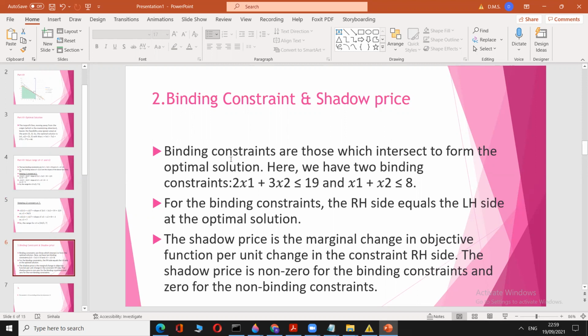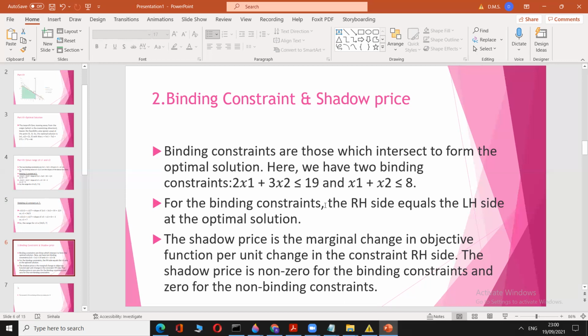Now here we know that we have two binding constraints. One is 2x1 plus 3x2 less than or equal to 19, and the other one is x1 plus x2 less than or equal to 8. Those two are intersecting, and then we are getting the value of the optimal solution.